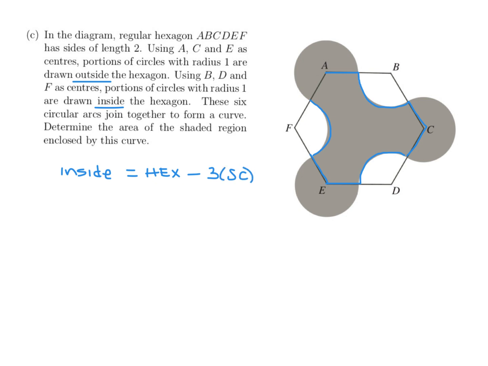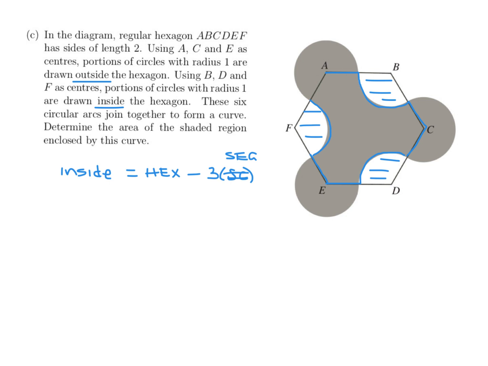So I hope that makes sense, right? Because you're basically calculating the area of the entire hexagon, and then you're going to subtract from it these 3. Well, they're not semicircles. Segments, let's just call them segments, whatever, right? Okay, so that's pretty straightforward.